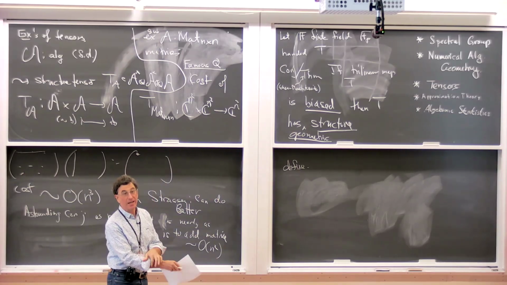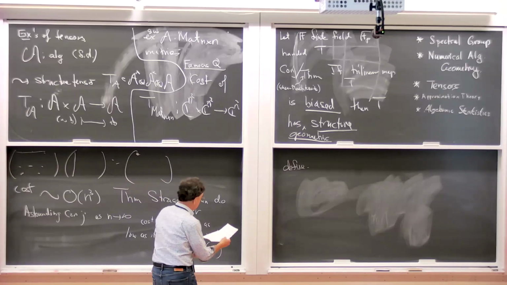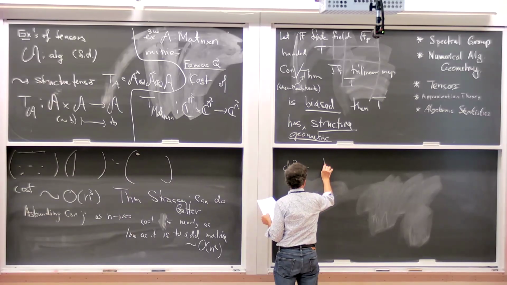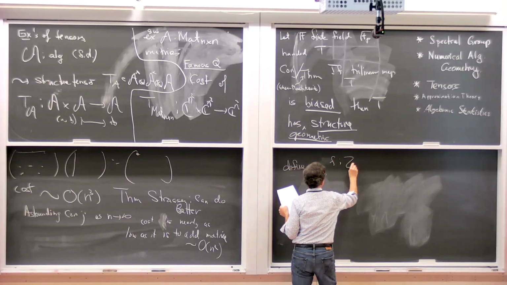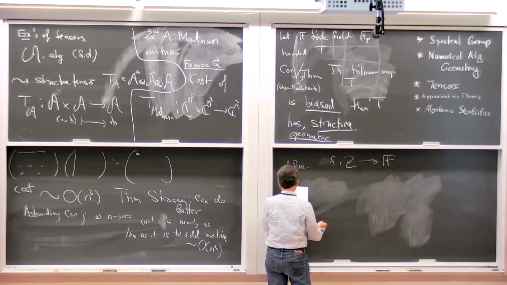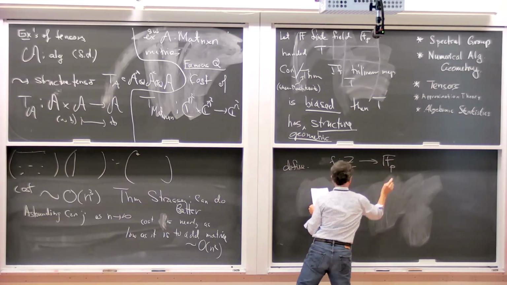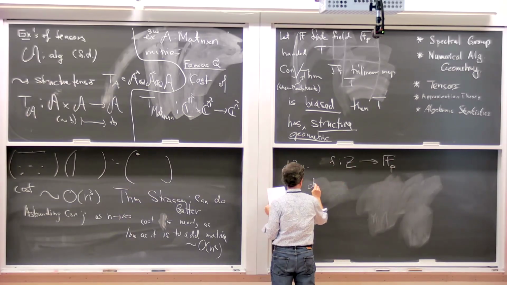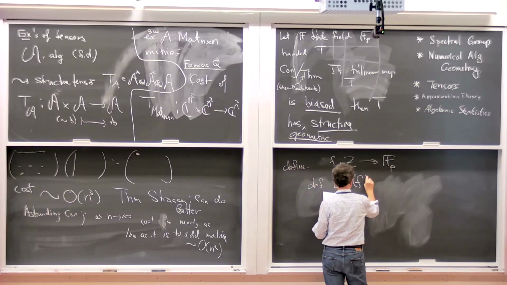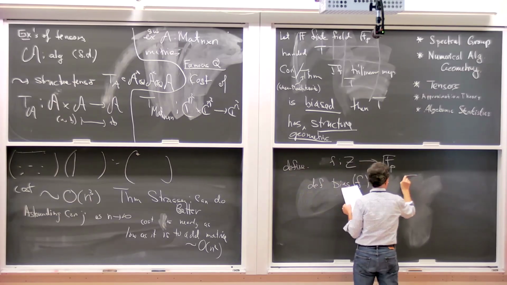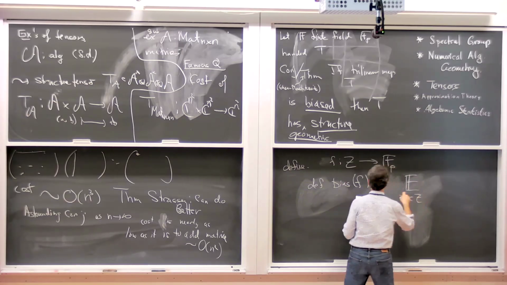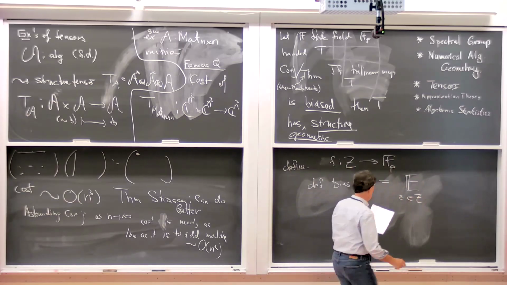But first, let me define bias, because at least for me, that's not obvious. So explicitly, let's say f is any function from any set to some finite field. Then we could define the bias of f to be the expectation over, you average over all the points in your source.